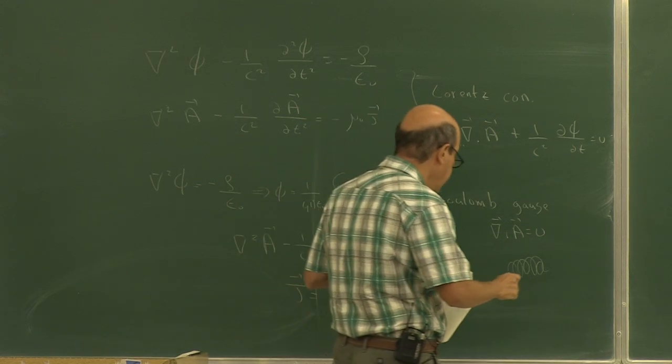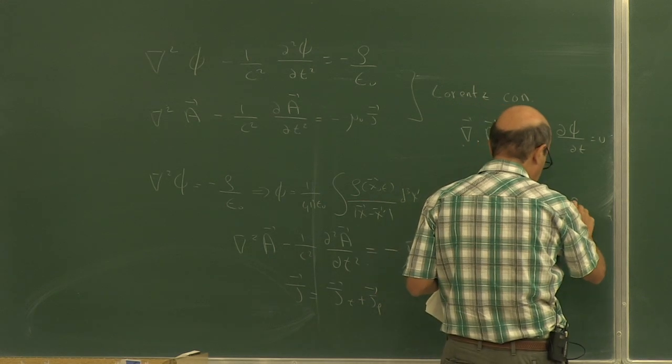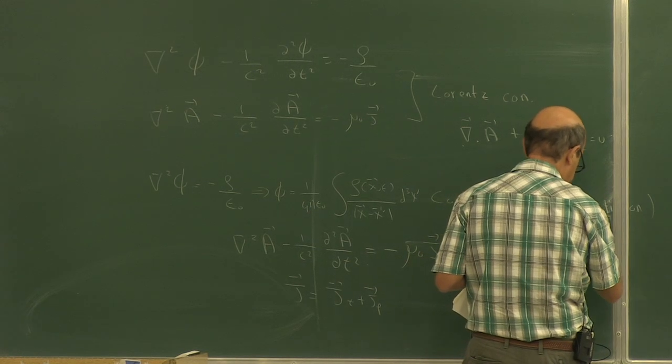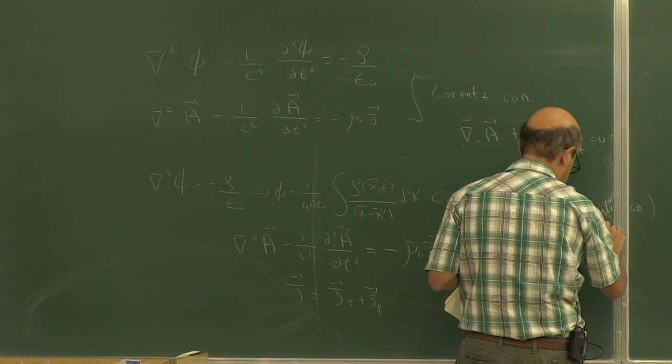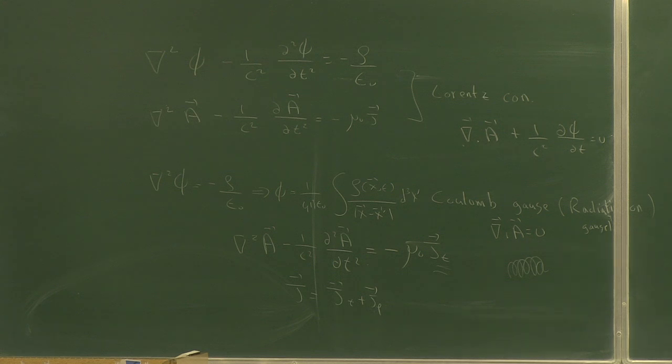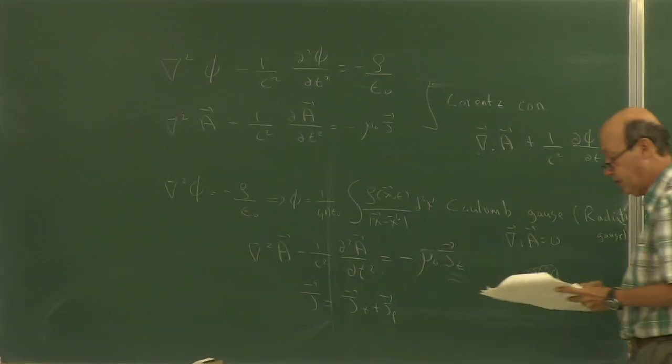So the Coulomb gauge is also called the radiation gauge. So basically, in the Lorentz condition and the Coulomb condition, we have non-homogeneous wave equations. Then we said let us solve this equation.